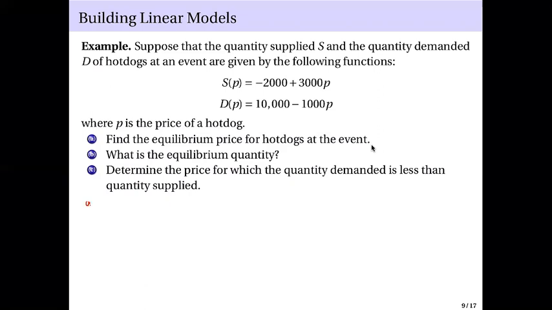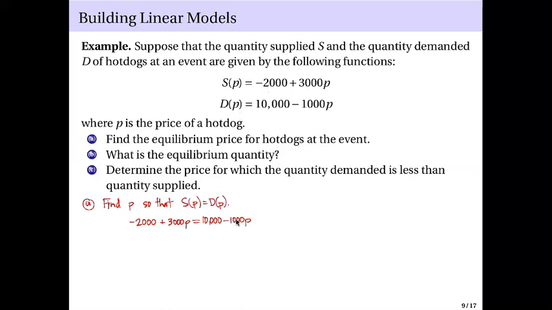For letter A, equilibrium price, we need the P such that S of P equals D of P. So we want to find P so that S of P equals D of P. S of P is negative 2,000 plus 3,000 P. This is equal to D of P, which is 10,000 minus 1,000 P.